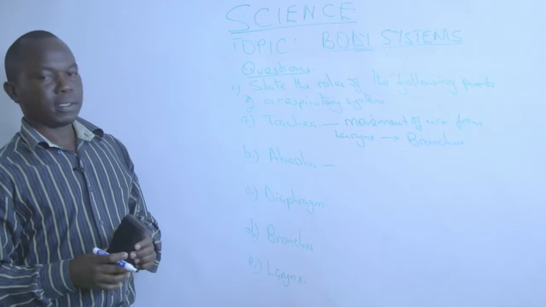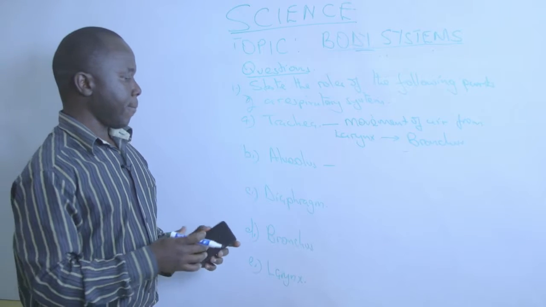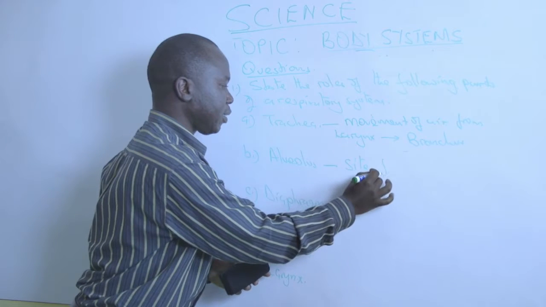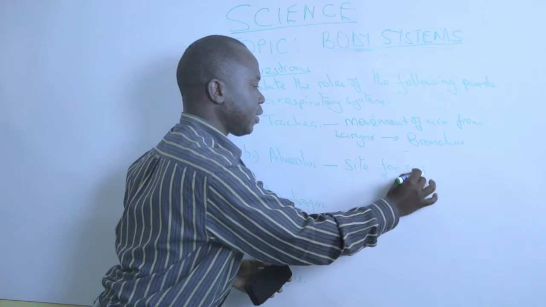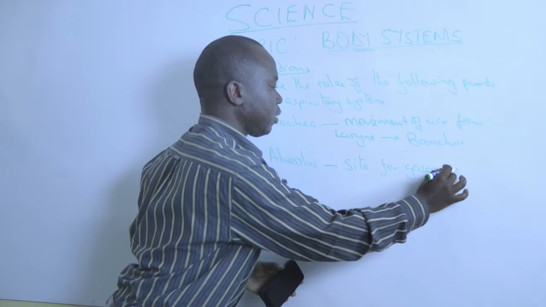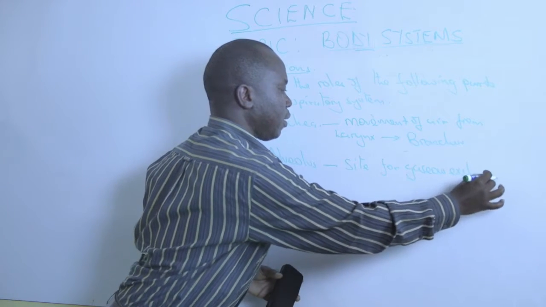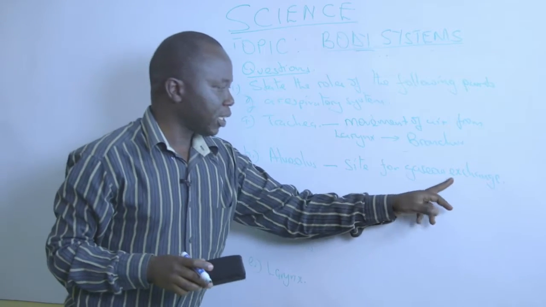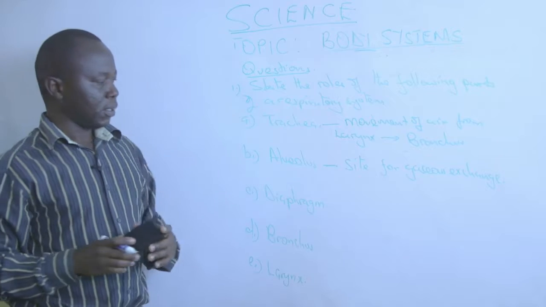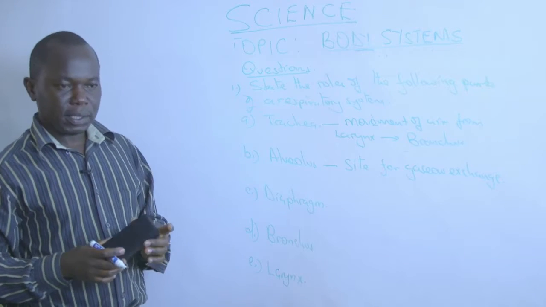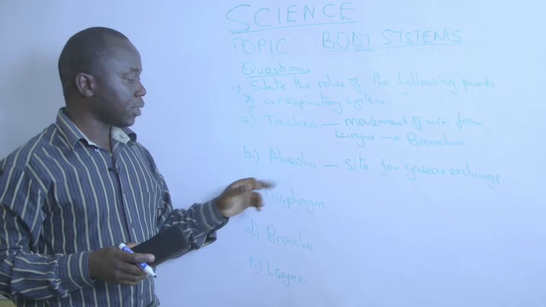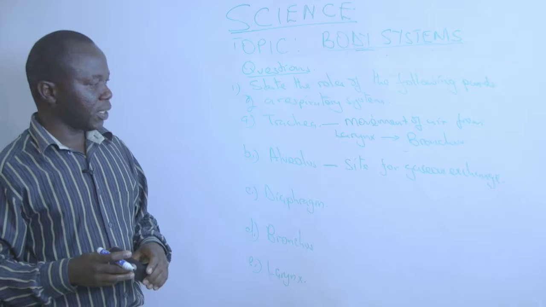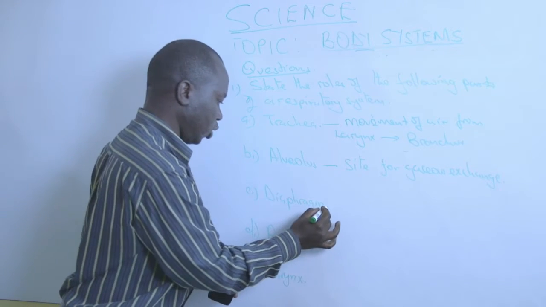The role of alveolus, we have said, is the major site for gaseous exchange. It forms the major site for gas exchange because it has numerous blood capillaries, and again there are many in number, so because of that it increases surface area for gaseous exchange.